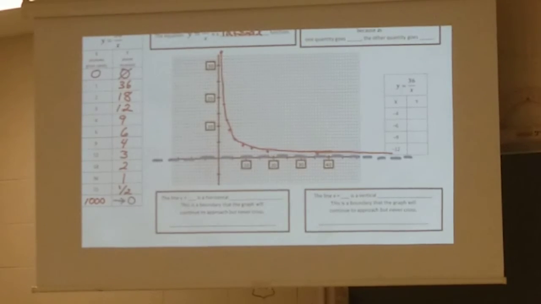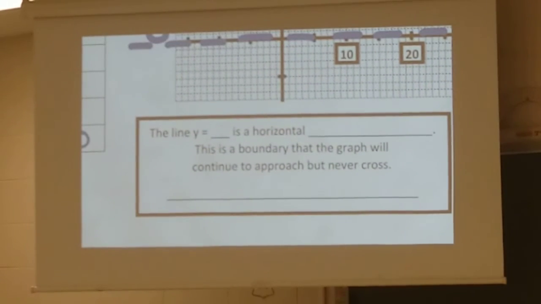The line y equals 0 is like a boundary. It's a boundary that is known as an asymptote. In fact, specifically, it's a horizontal asymptote.